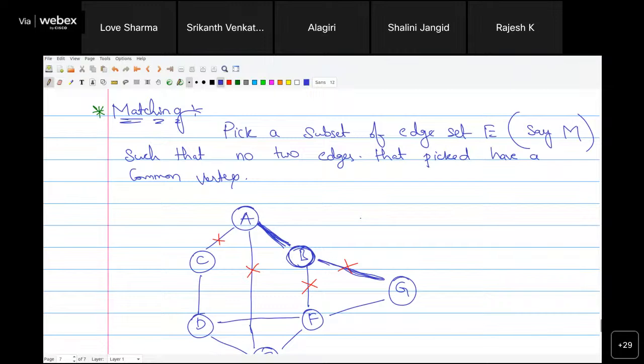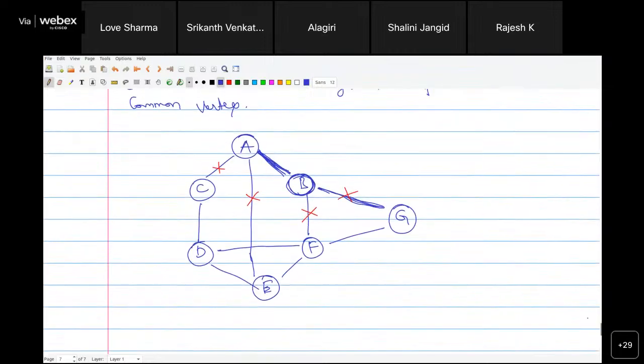Okay, so if I pick this, I cannot pick this, so I have to pick this.